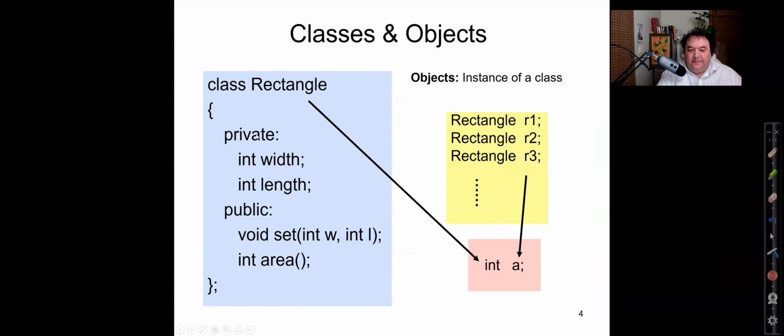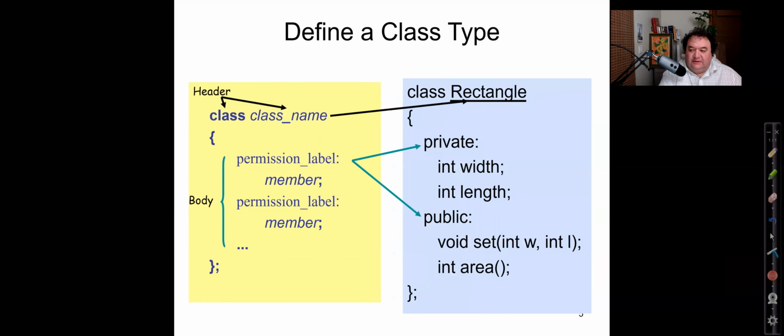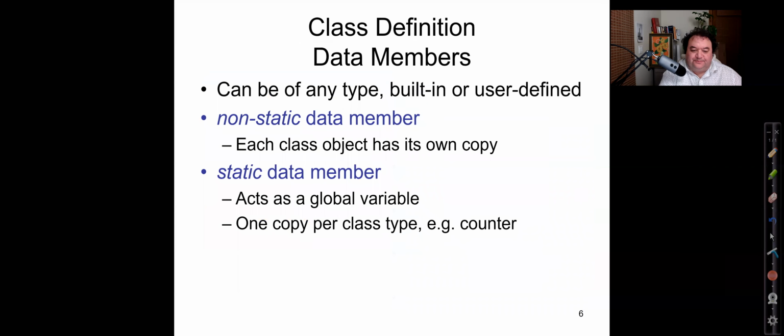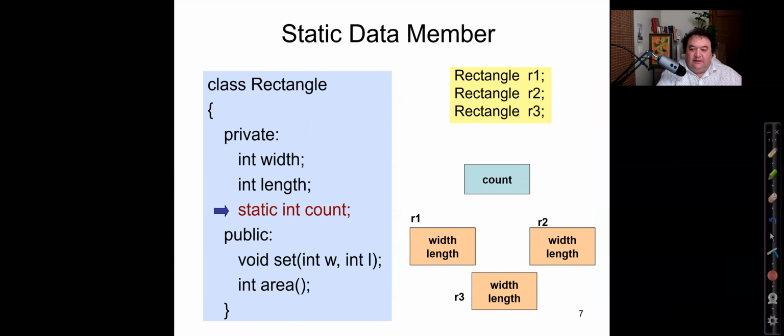So that at any given time, we could query the data structure to see how many rectangles have been created during the execution of a program. In this sense, they act as global variables, in the sense that they're still encapsulated in the class, so they're not global in scope, but they're shared by all the instances of that class. So here, let's say we do static int count.